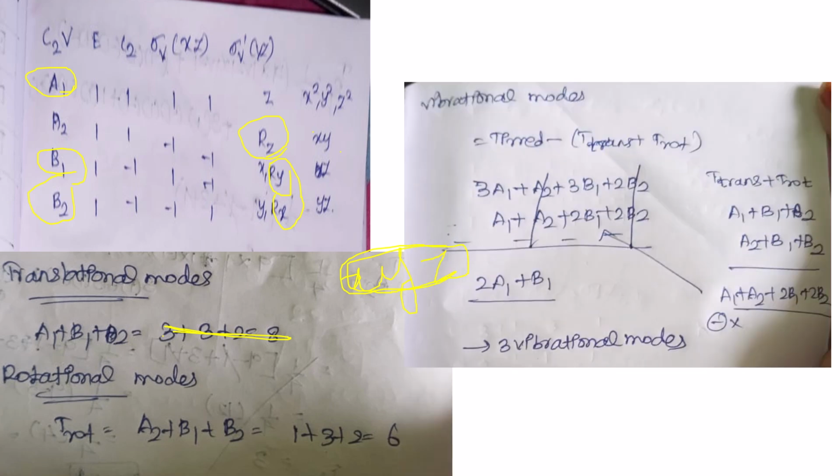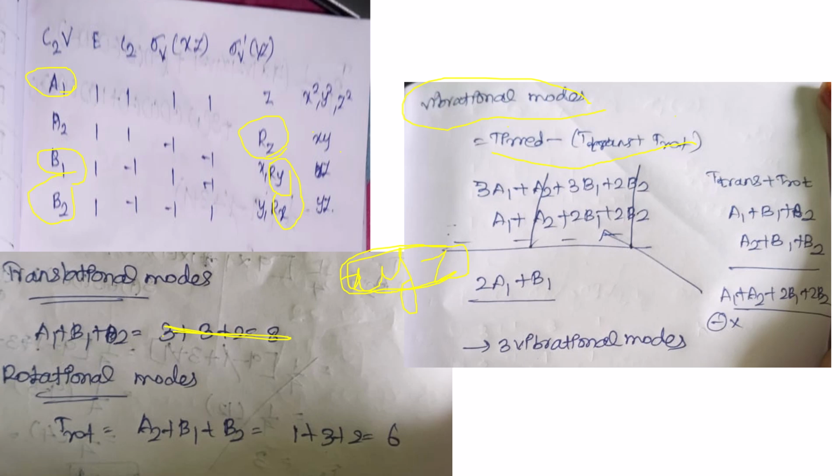For calculating the vibrational modes, the formula is the irreducible representation minus the translational plus rotational modes, which are kept in a bracket. So we add the two first: A1 plus B1 plus B2, and A2 plus B1 plus B2, giving A1 plus A2 plus 2B1 plus 2B2.